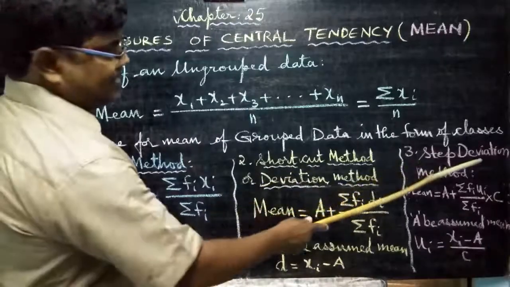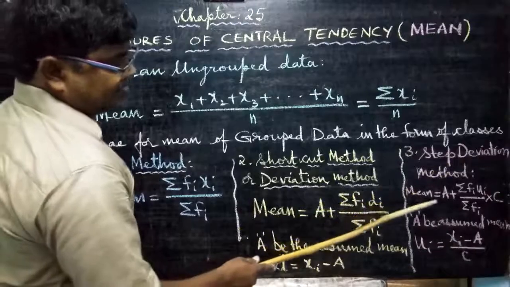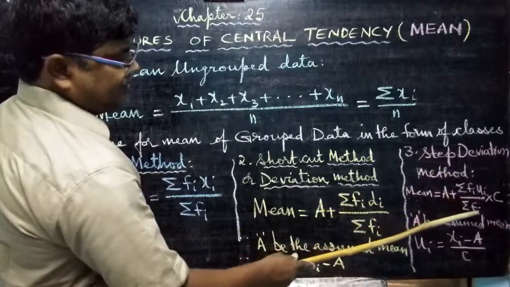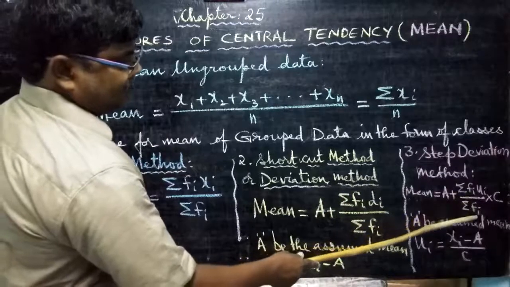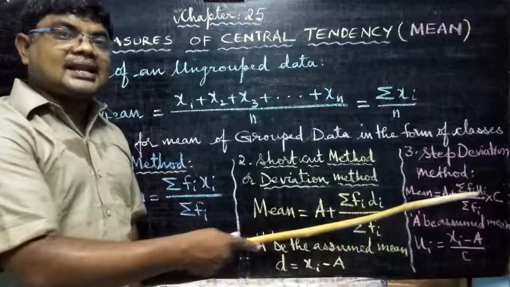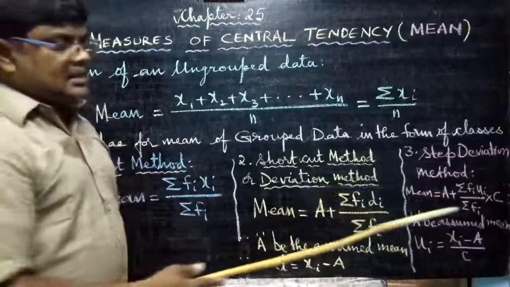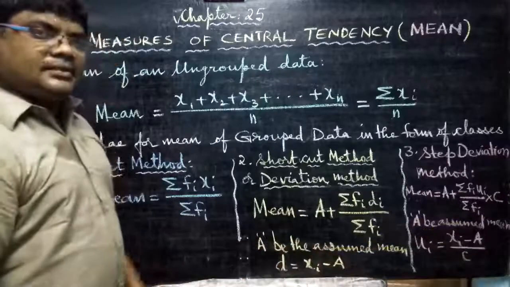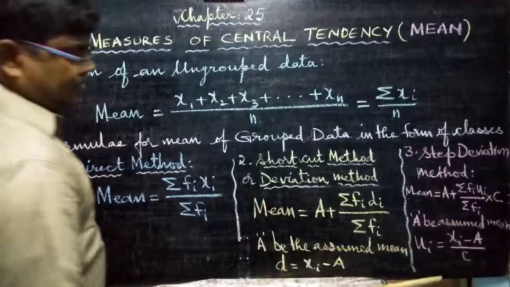Third one, step deviation method: mean is equal to A plus sigma fi ui divided by sigma fi, into C. That C is the size of the class, or length of the class, or class interval; the three names mean the same.